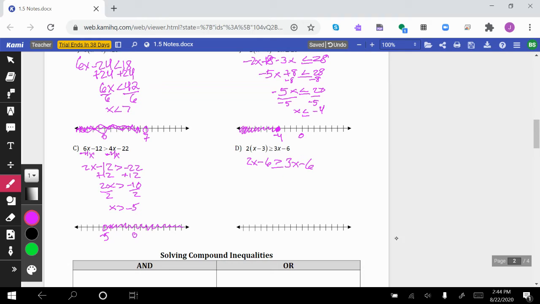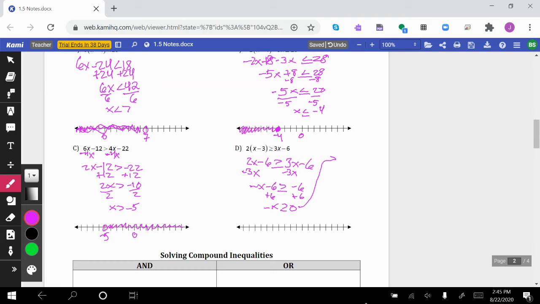We are going to subtract 3x from both sides. So we end up with -x minus 6 is greater than or equal to -6. Next, I'm going to add 6 to both sides, and we end up with -x is greater than or equal to 0.